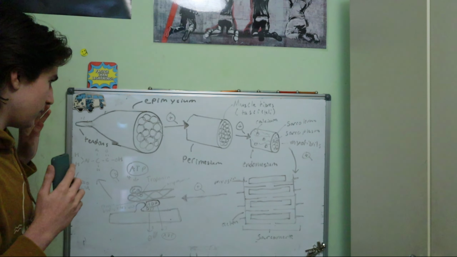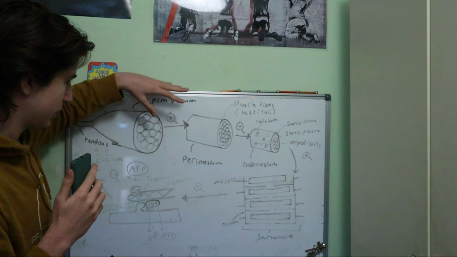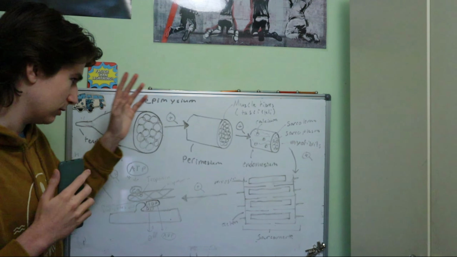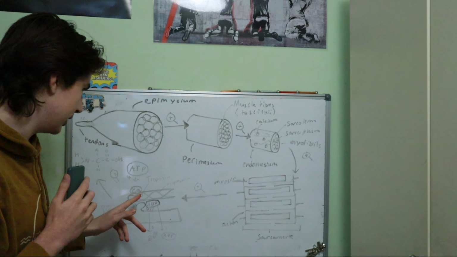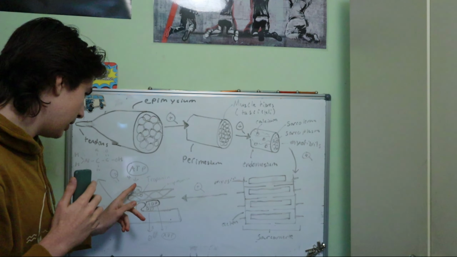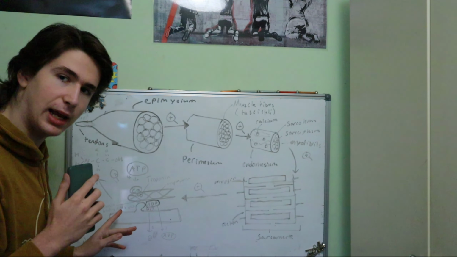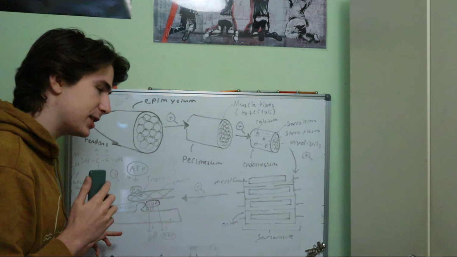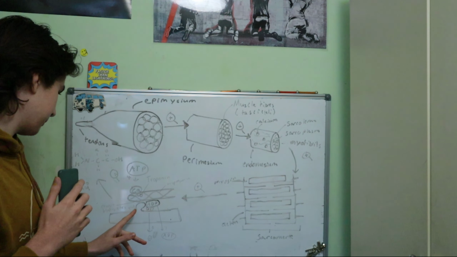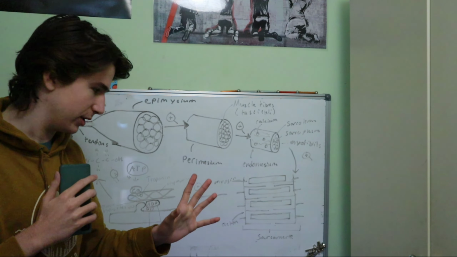So you've got your neurons firing onto the muscles, and then the calcium ions are released and they go onto the troponin, and then this moves the tropomyosin, and then this allows the myosin binding sites to be available for the myosin heads to attach to.